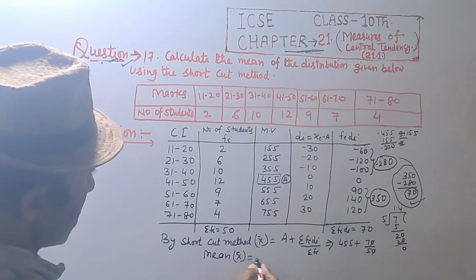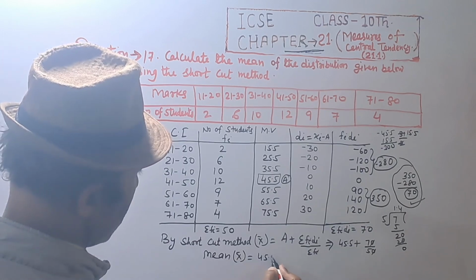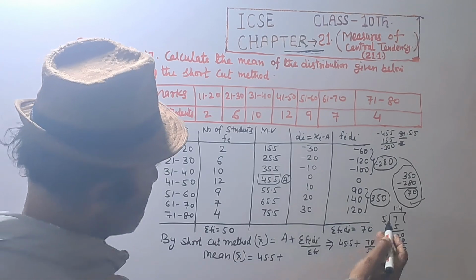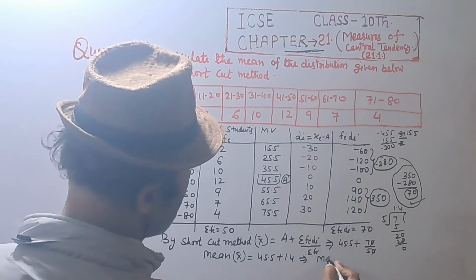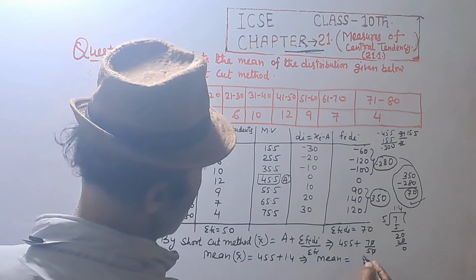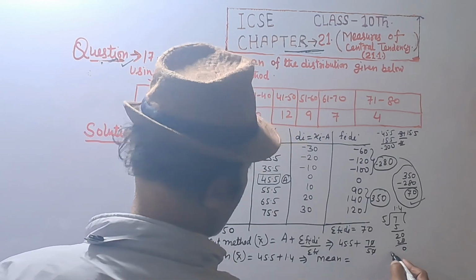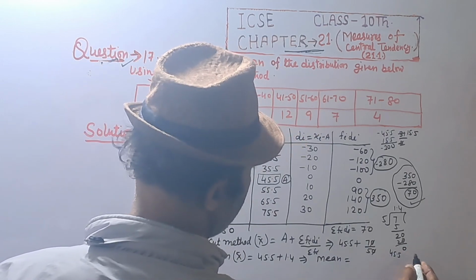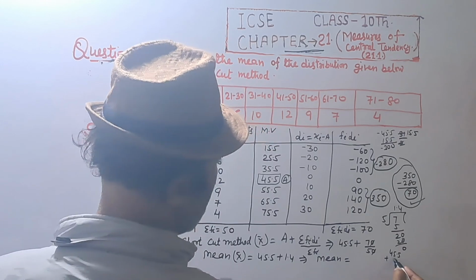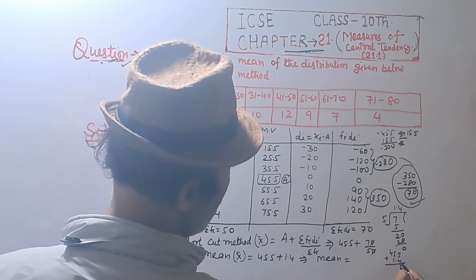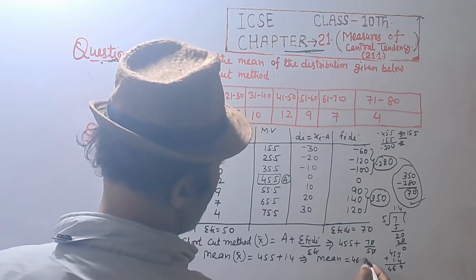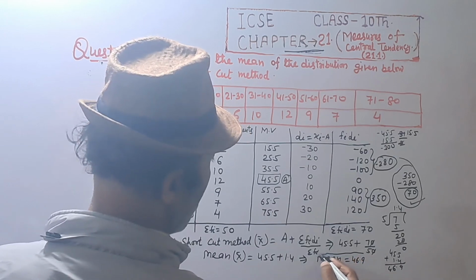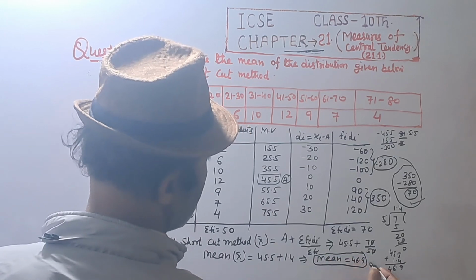Mean x dash is equal to 45.5 plus 1.4, which implies mean is equal to 46.9.